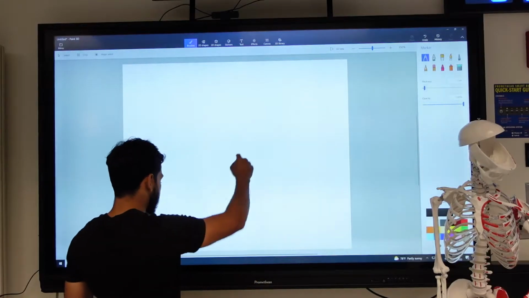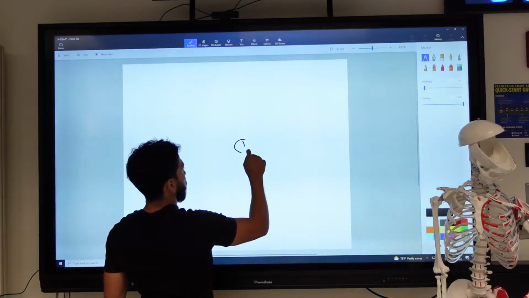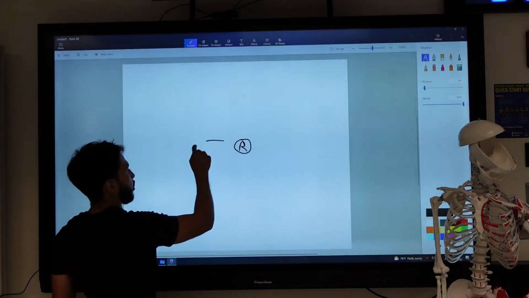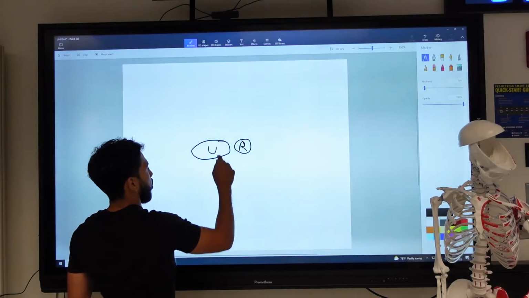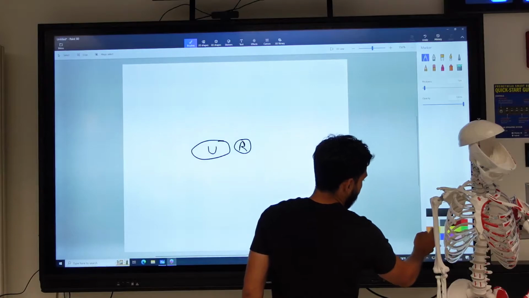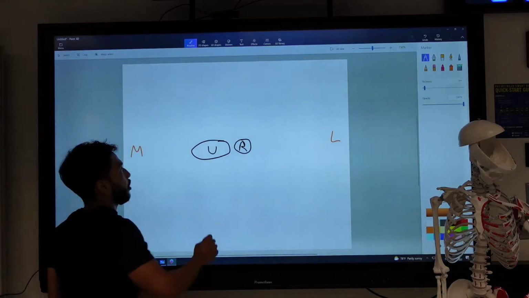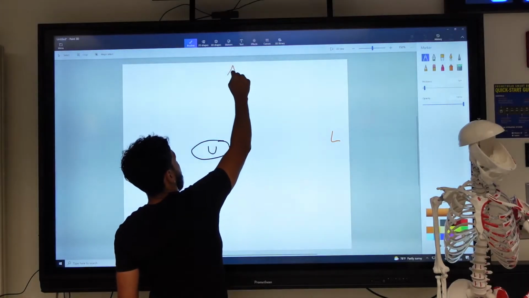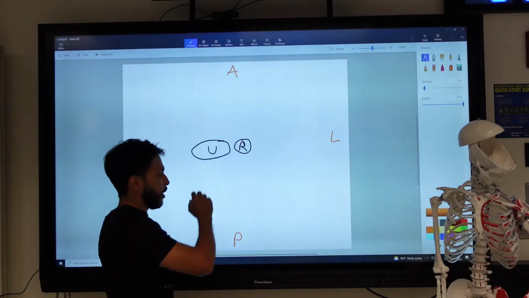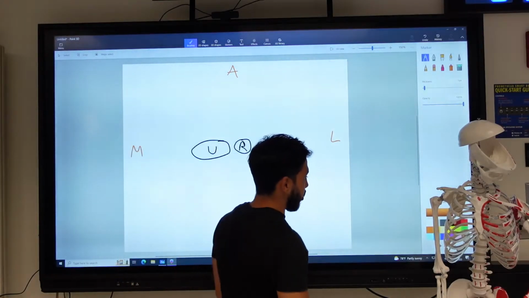That means that my radius is going to be out here on this side, and my ulna is going to be over here on this side, okay? So just for orientation purposes, this is my lateral side, this is medial, this we would call anterior, and then this is posterior, okay? And this is my left forearm. You cut through it, you see the radius and the ulna over here, okay?